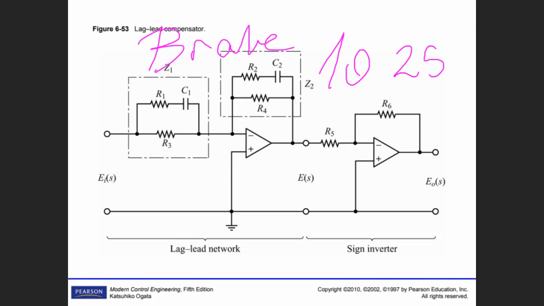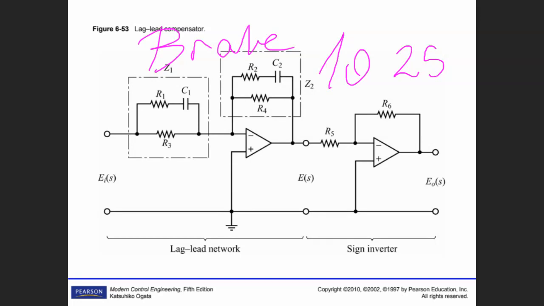However, if you are not happy about the steady state error, then you are going to use lag compensator. For lag compensator, beta of approximately 10 is selected. That means your steady state error is reduced 10 times.